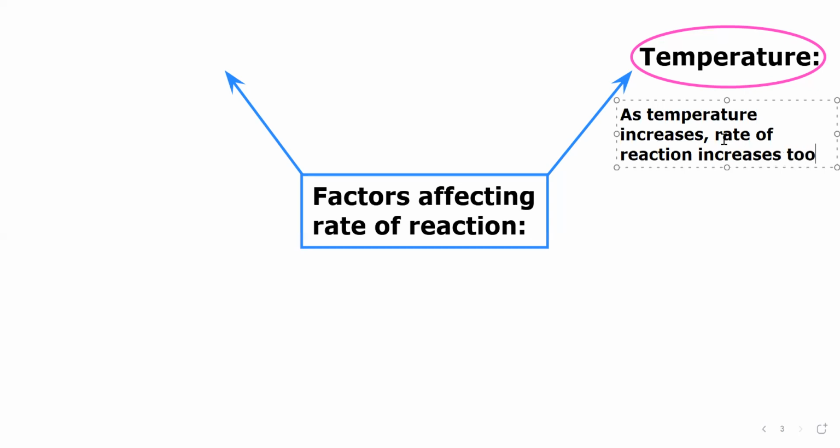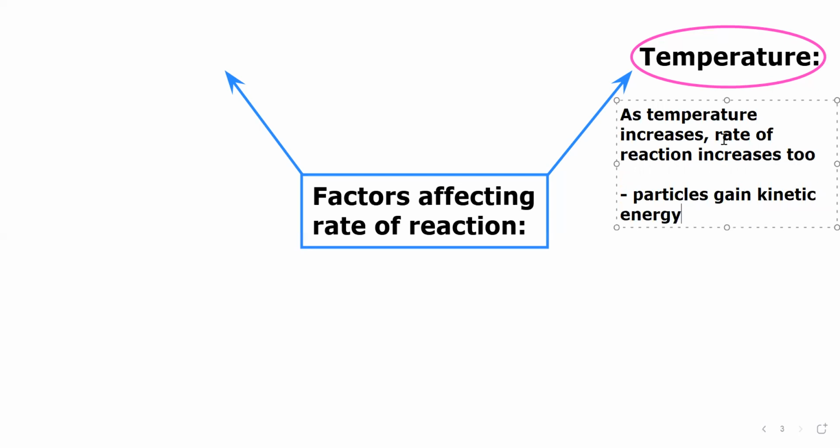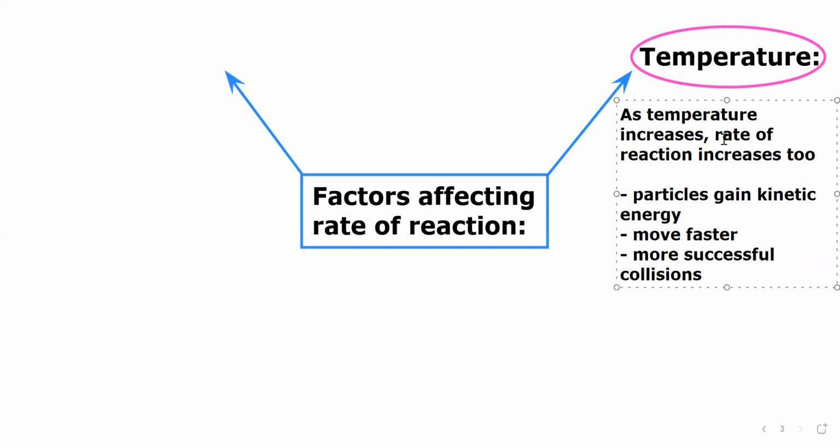Why? Particles gain kinetic energy. When they gain kinetic energy, what happens? They move faster. When they move faster, there are more successful collisions. These are good keywords to write in the exam.